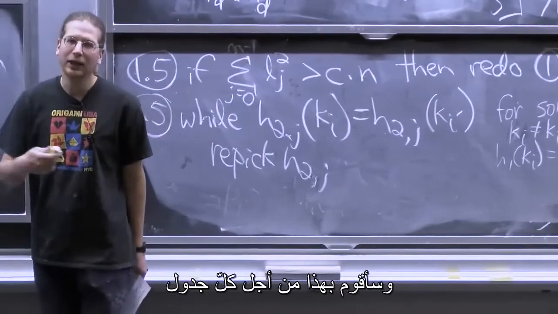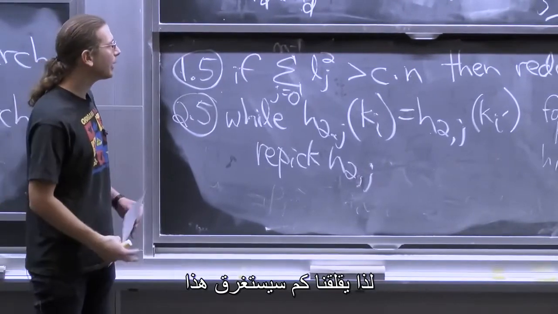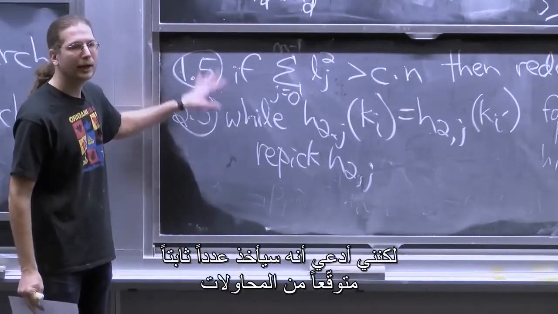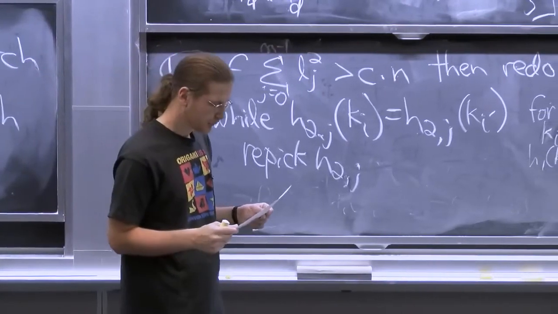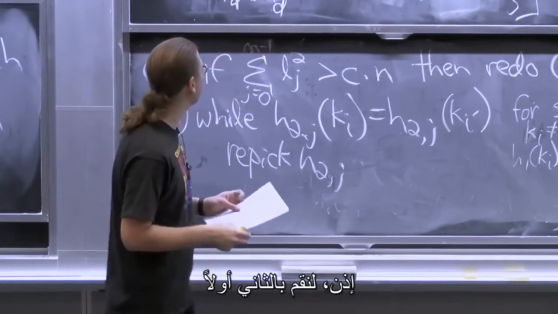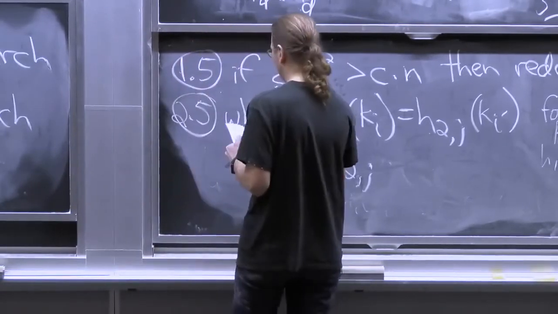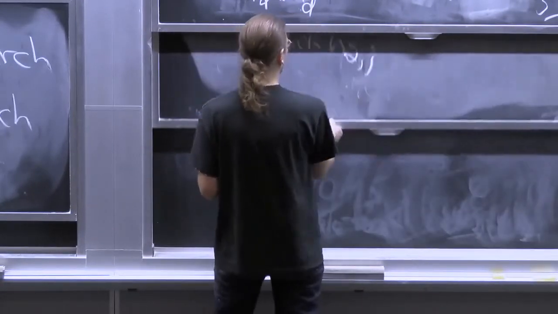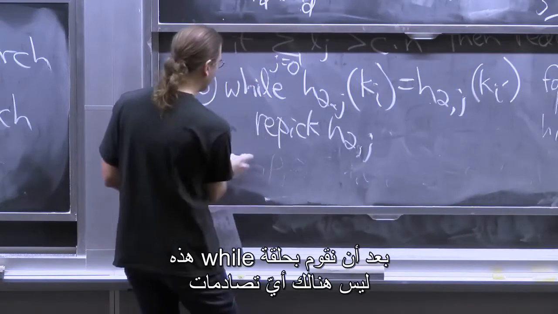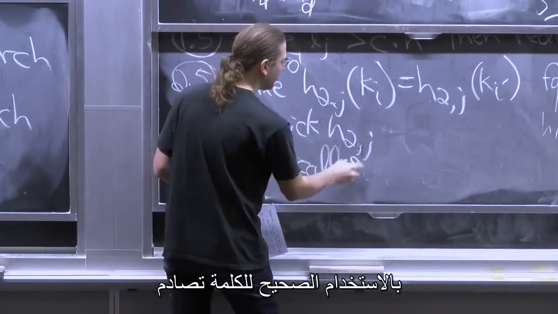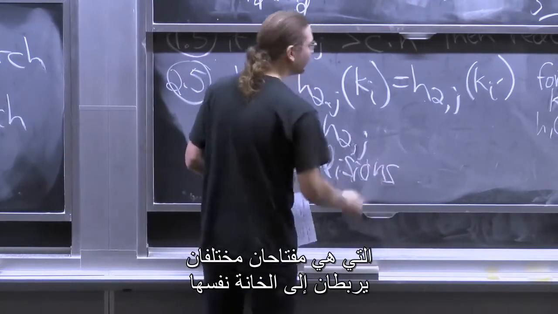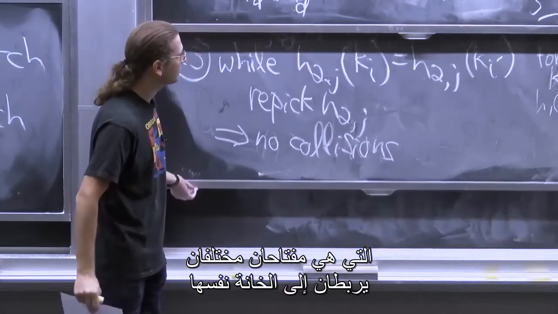I'm going to do this for each table. So we worry about how long these will take, but I claim expected constant number of trials. So let's do the second one first. After we do this while loop, there are no collisions, with the proper notion of the word collision, which is 2 different keys mapping to the same value.